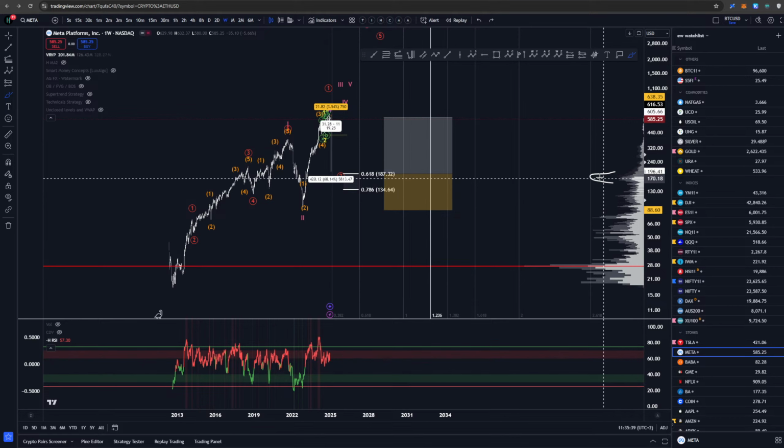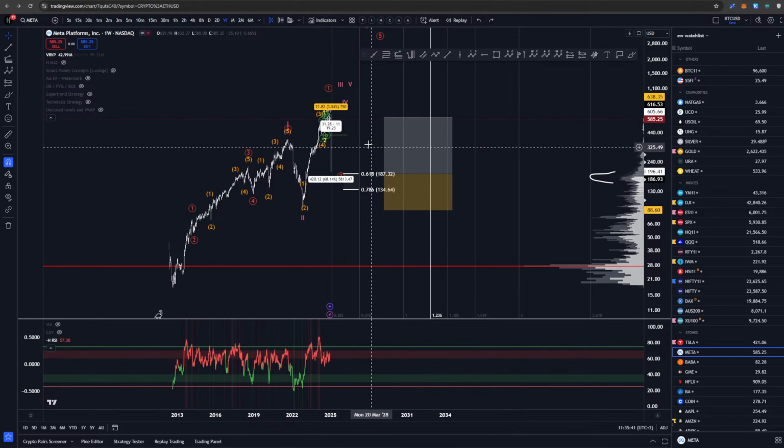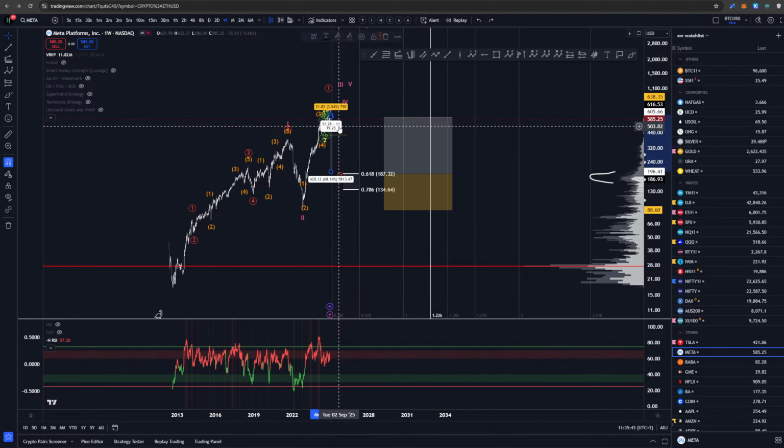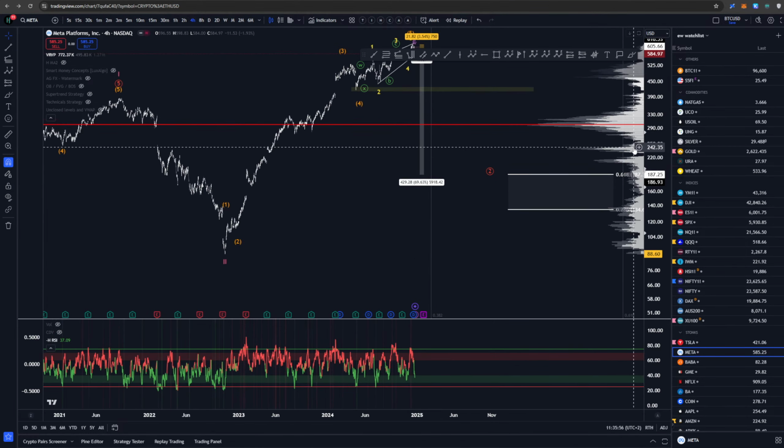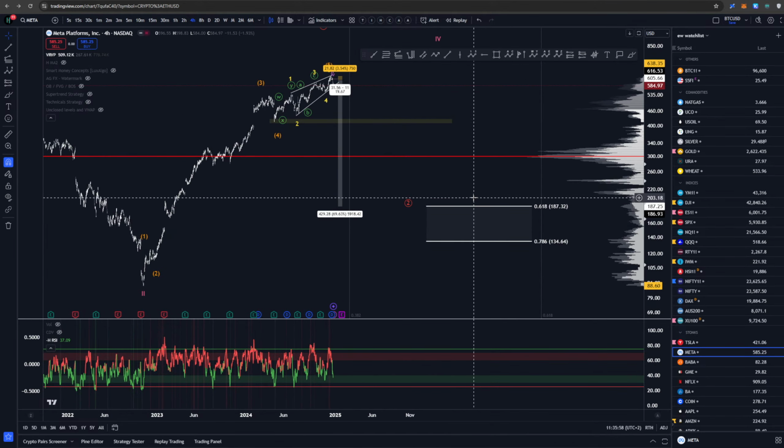There's a volume cluster here, 618. Yeah, I don't know. 1 to 20 risk to reward ratio here. That would be sick, but I don't really want this, because this would be so long of a correction as well.